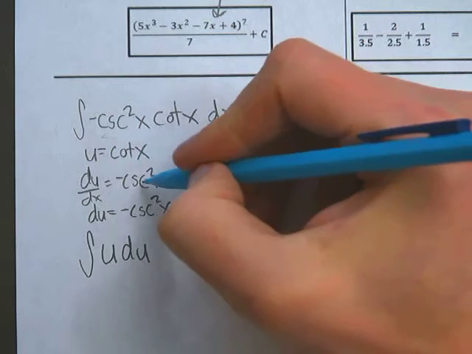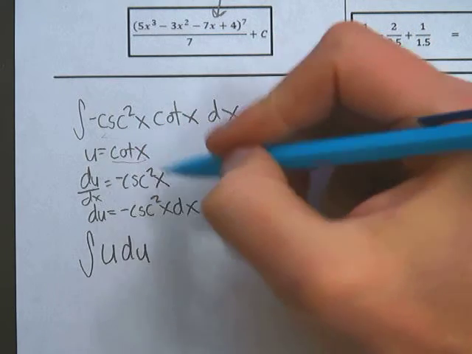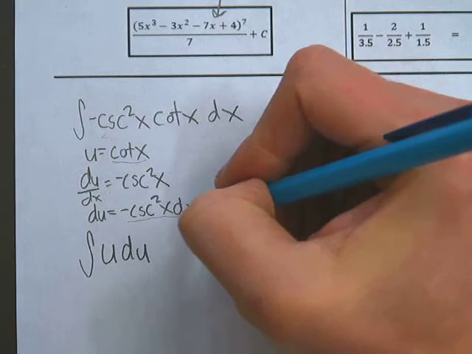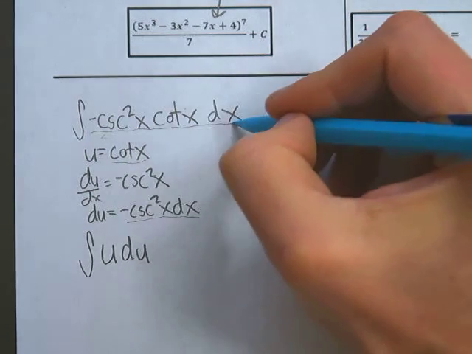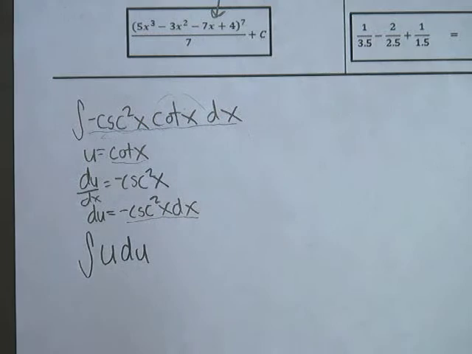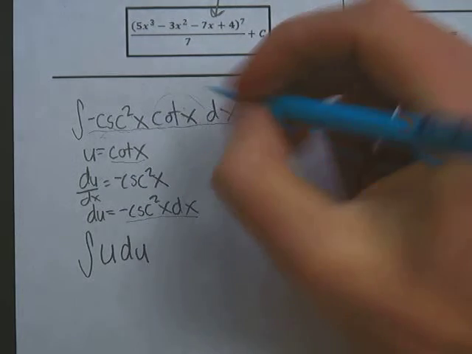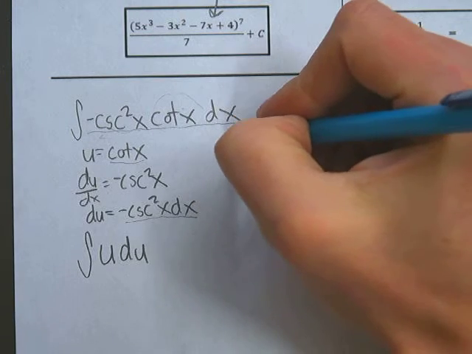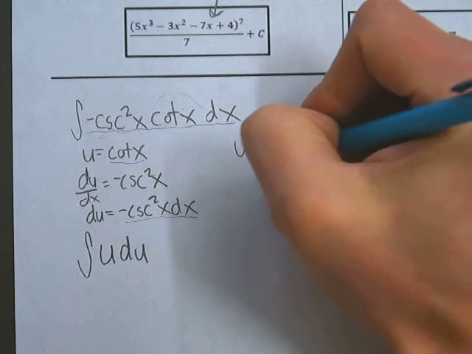Because cotangent of x times negative cosecant squared x dx is exactly what's up here. All right, the other option, equally legitimate, is to say u is equal to cosecant of x.